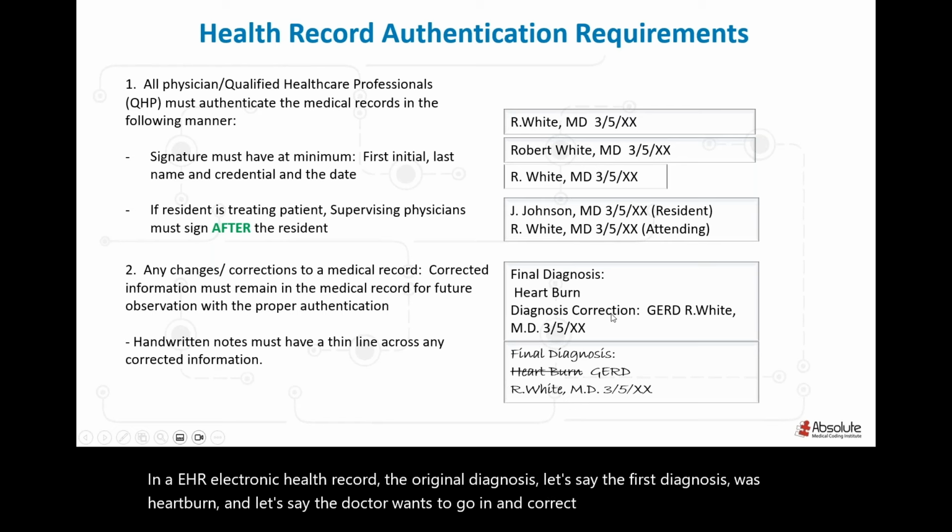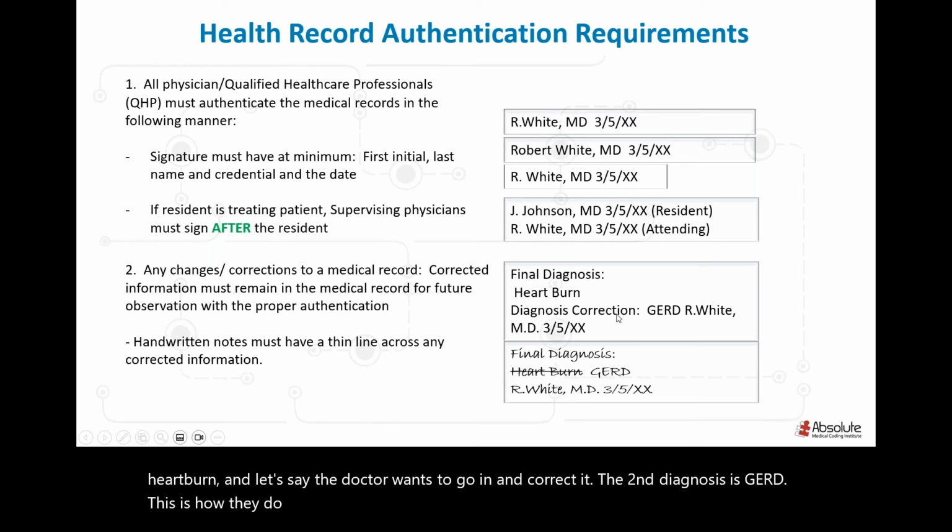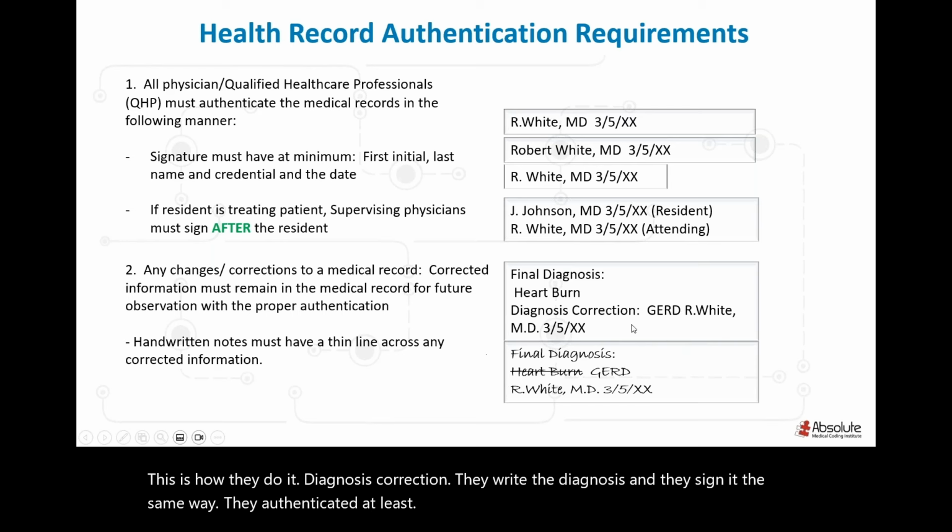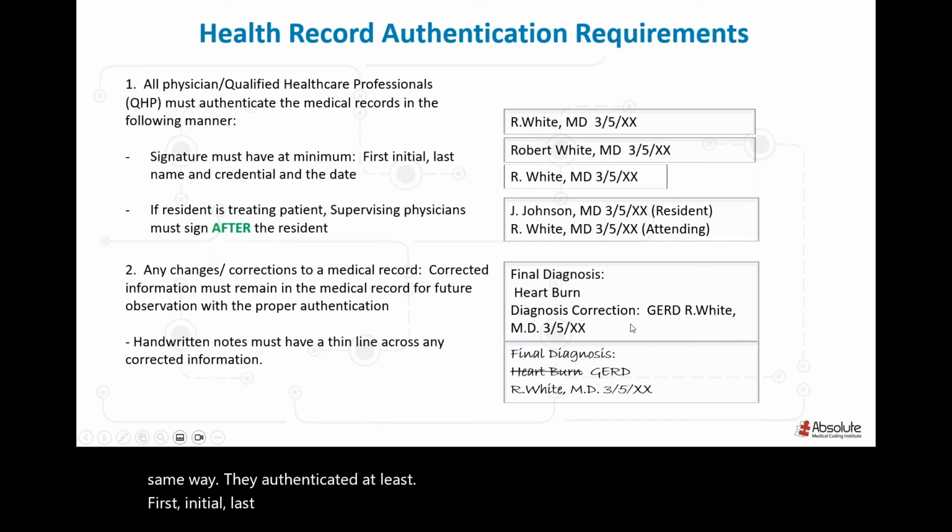The second diagnosis is GERD. This is how they do it. Diagnosis correction: they write the diagnosis and they sign it the same way they authenticate it. At least first initial, last name, credential, and date. Always.